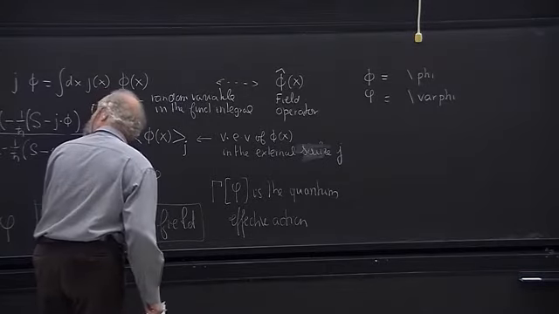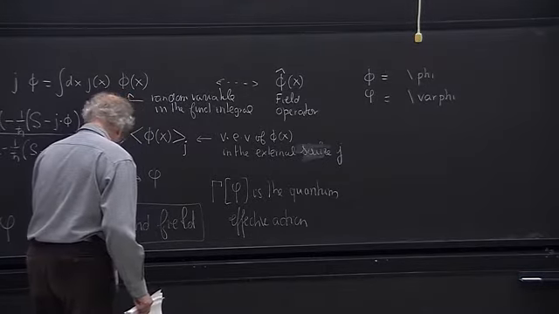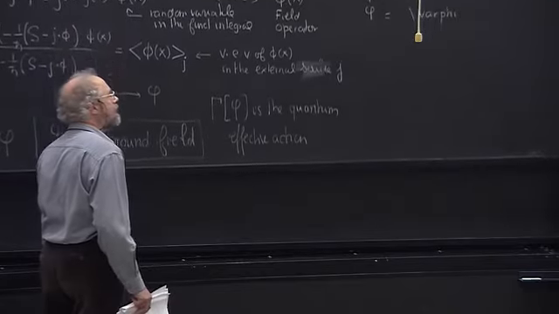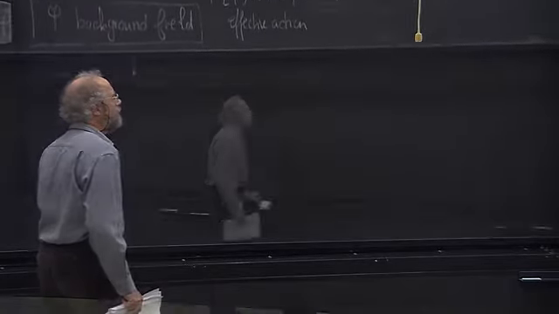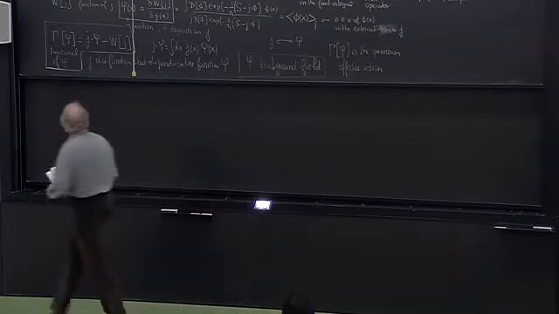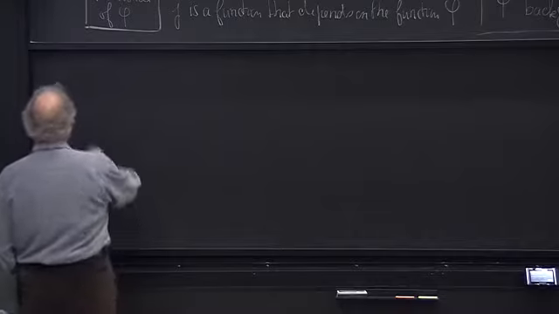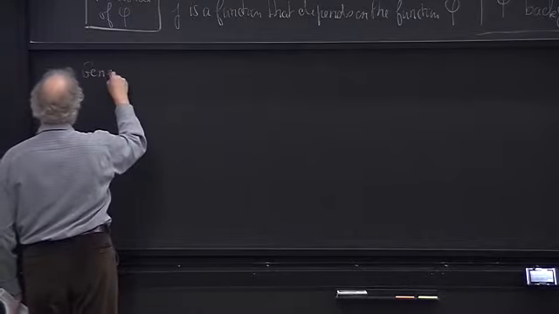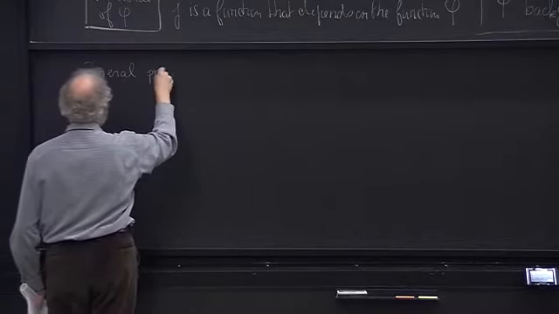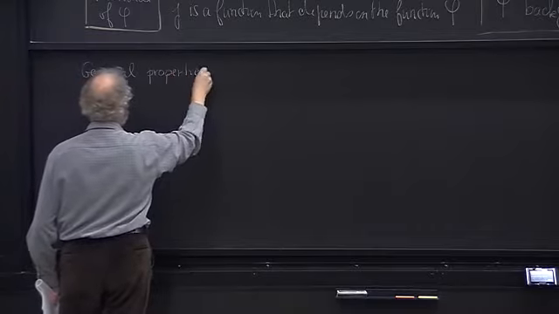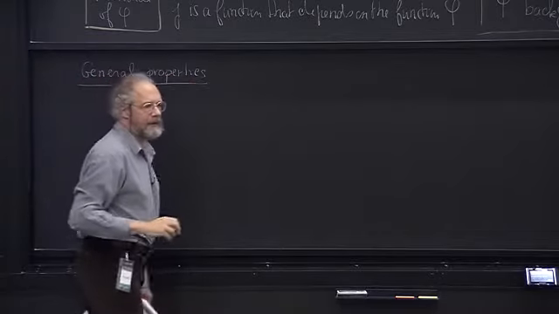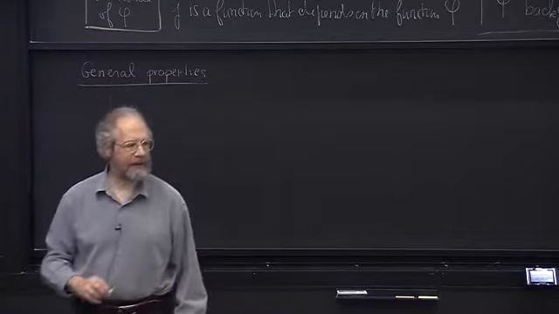You see, in this definition, the action has not played any role. And okay, there are some general properties. I'm going to show you just two general properties of this Legendre transform.